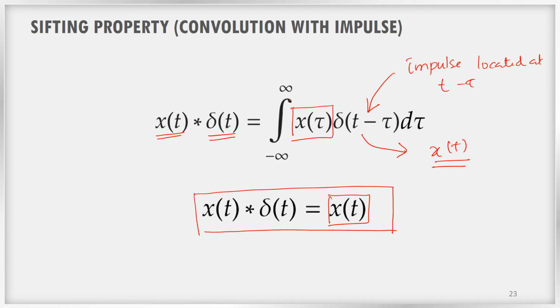Now, if you integrate from minus infinity to plus infinity on all these results, then you will get back x of t, that is the original signal, right? If you do it for one value, you will get the value of x of t at that particular location. If you integrate it over the interval minus infinity to plus infinity, you will get all the values of x of t. In turn, we can say that you will get the function x of t back. That is the basic idea of the shifting property.